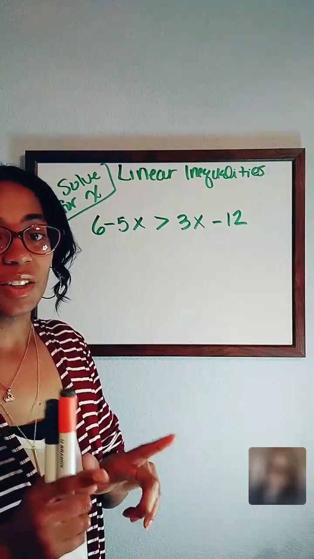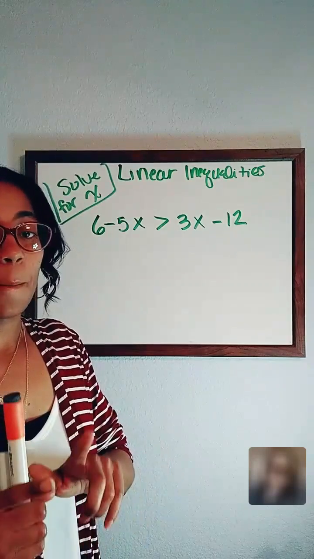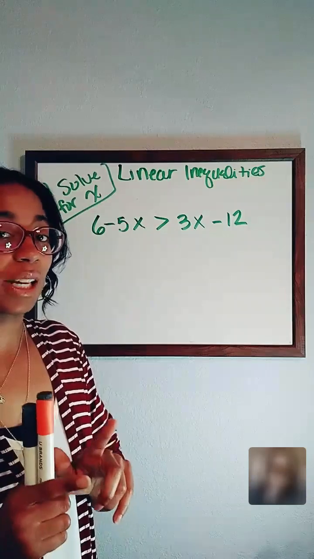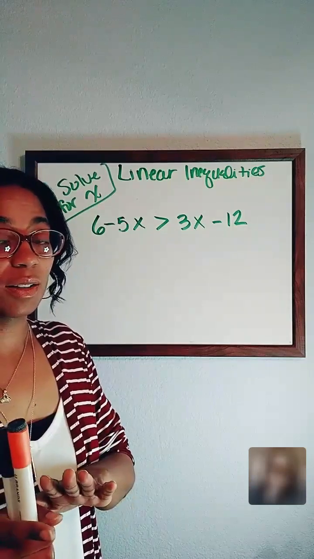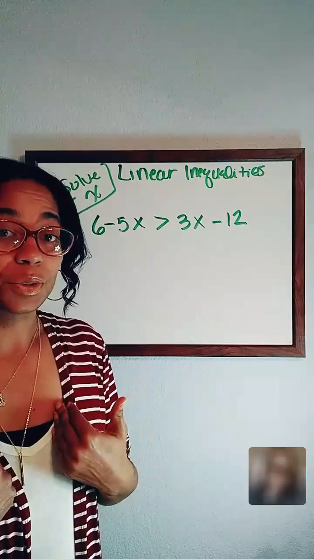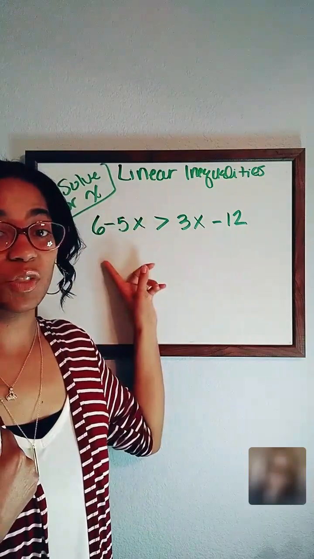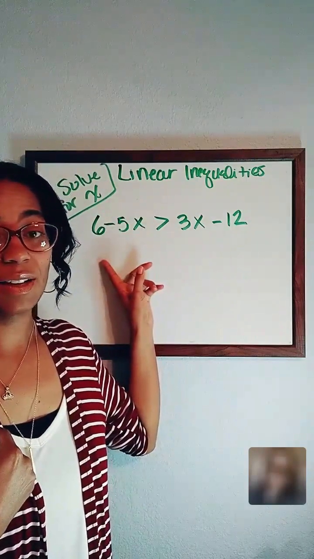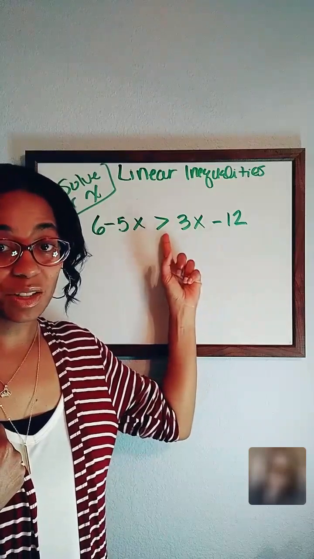Y'all want me to plus 5x, but I'm gonna show you what's gonna happen because you may not be able to read the inequality right. So I'm gonna do it, but that's not what I would do. I would always move everything over here to the left-hand side so that you can read this symbol differently.